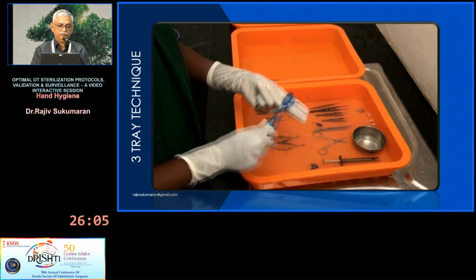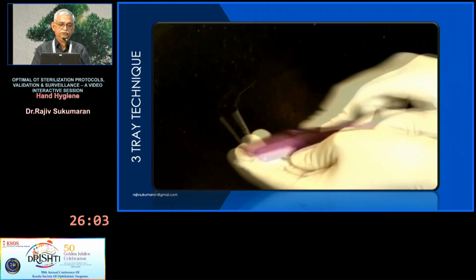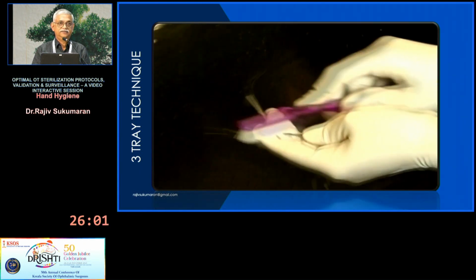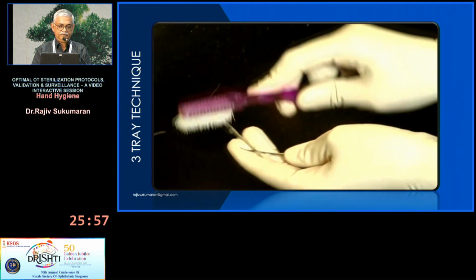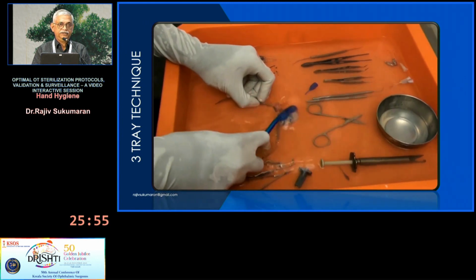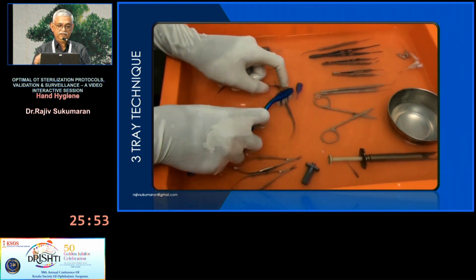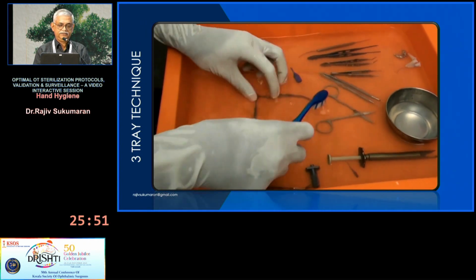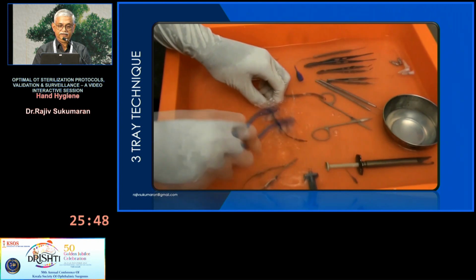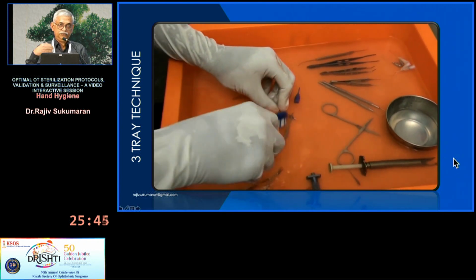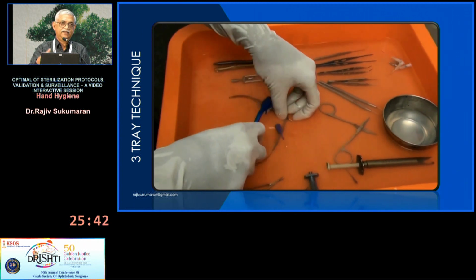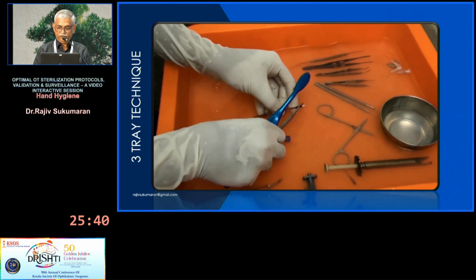When you do it like that, you see that aerosolization, you're going to contaminate the entire area. So the ideal way is to clean it within the solution. That's the proper way of cleaning. Once you have done it in the first tray, repeat the same thing in the second and the third tray before you send it for drying.